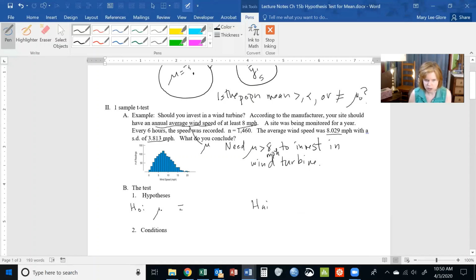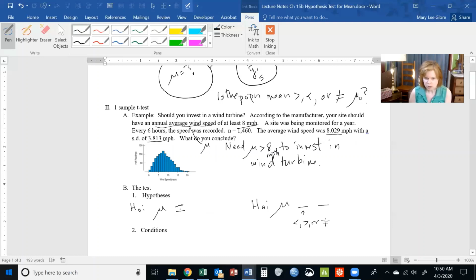So we're going to have mu equals some value, and then mu less than, greater than, or not equal to some value. The null and the alternate hypothesis are both statements about the population. What does the population look like? One is true and the other is false. These are theories. We don't know for sure.